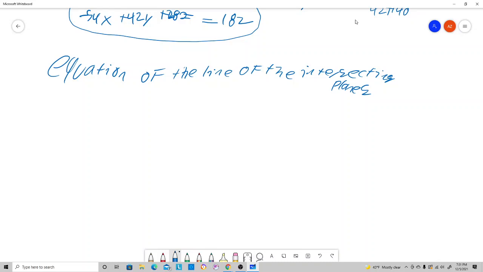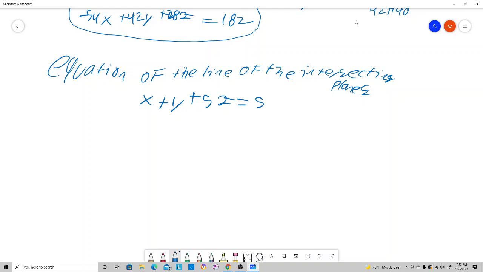So let's say I have a plane of x plus y plus 5z is equal to 5.